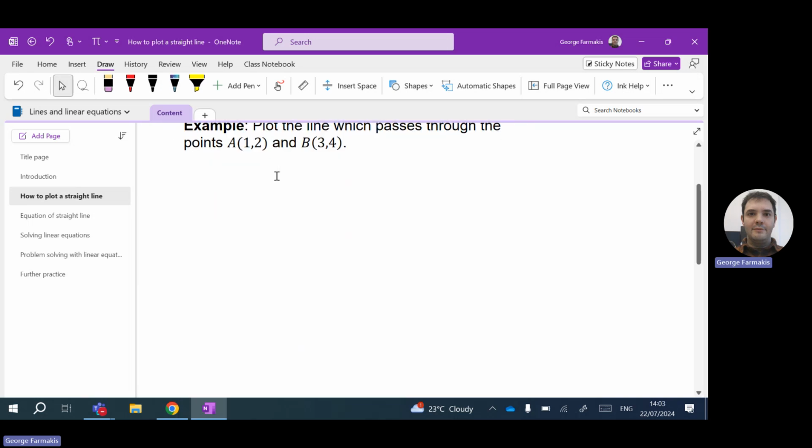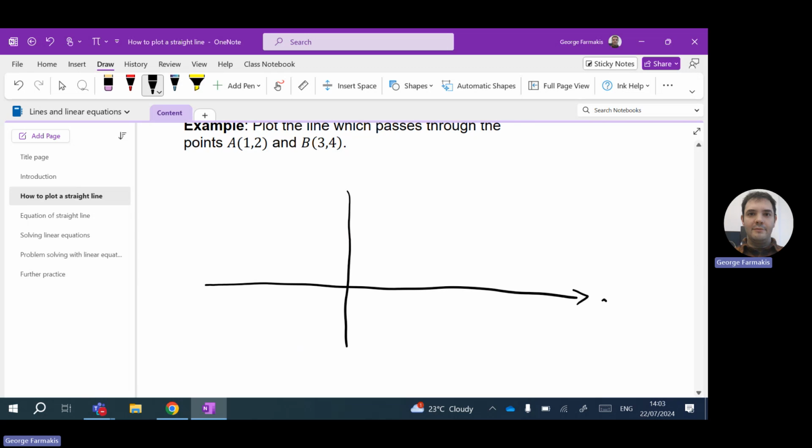First, we can draw the axes. So here we have the x-axis, and this is the y-axis. Let's find the point A. Point A is for x equals 1, and y is equal to 2. So (1, 2), let's say it's here. So this is our point A. Then point B has x coordinate 3 and y coordinate 4.